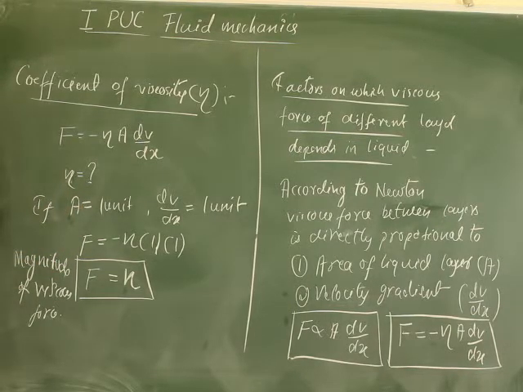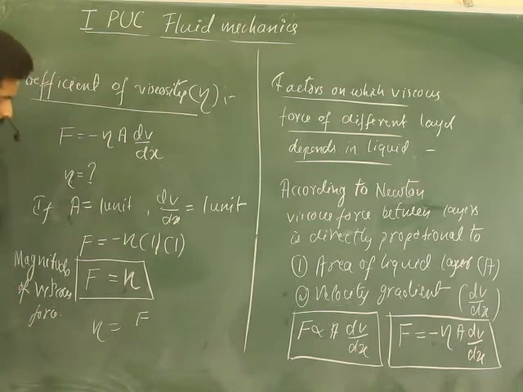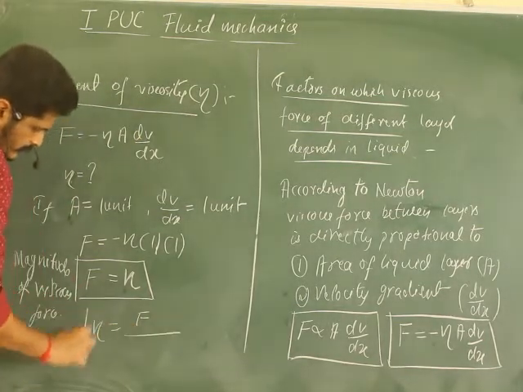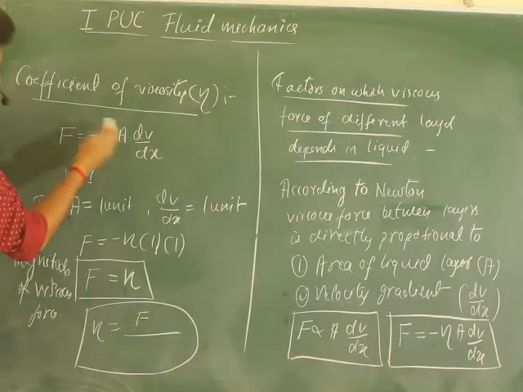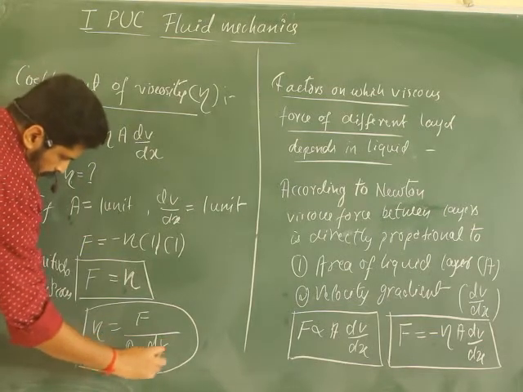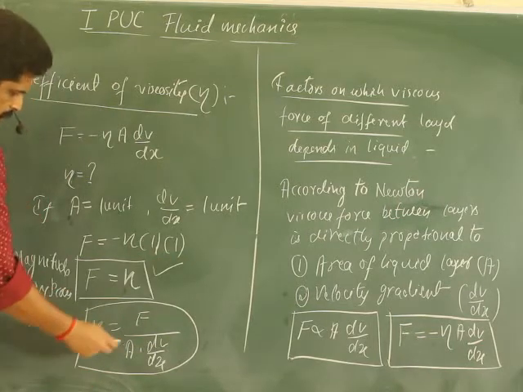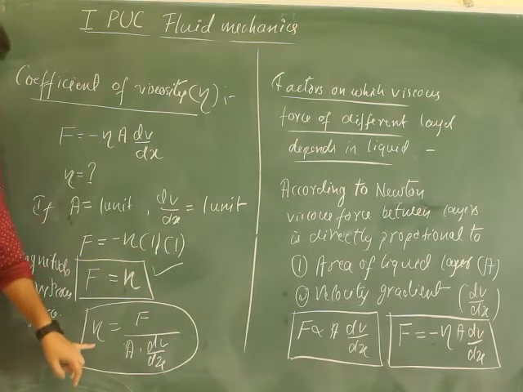So eta equals F divided by A into dV by dx. This is the general formula I am writing to make you understand. If you want eta, take this to the left hand side. This is just for your understanding, where A and dV by dx are made 1.